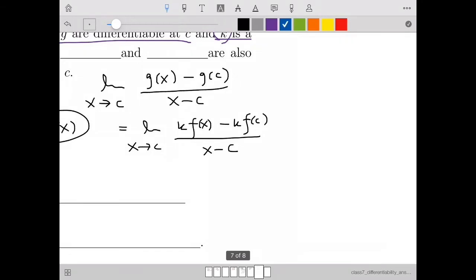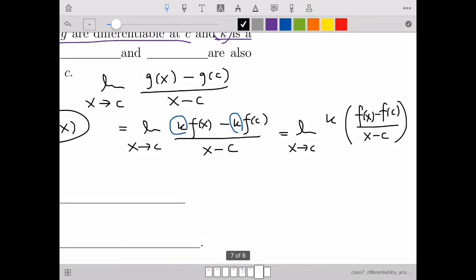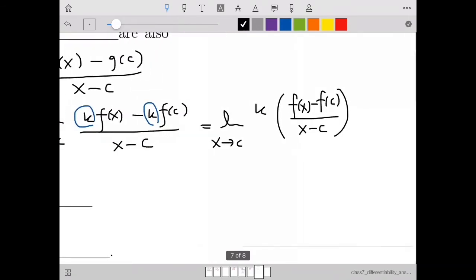And since k is common to both, we can factor this as the limit as x approaches c of k times f of x minus f of c over x minus c. So we have a limit of a constant multiple of a function.